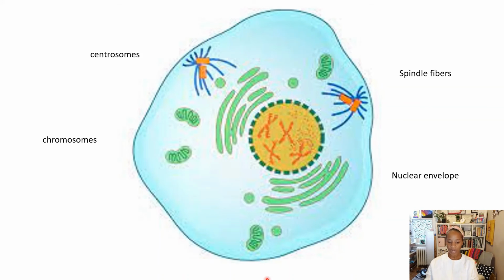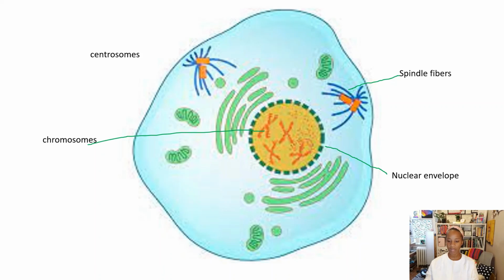I just want to point out some structures here that will become important as we go. So we can see the chromosomes here, the sister chromatids together in their traditional X chromosome structure. This is the nuclear envelope. You can see it's starting to break down, so this cell is getting ready to go into cell division. Oh, here are our chromosomes. These blue structures here are called spindle fibers.